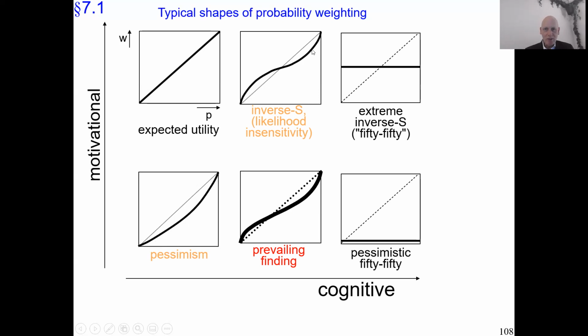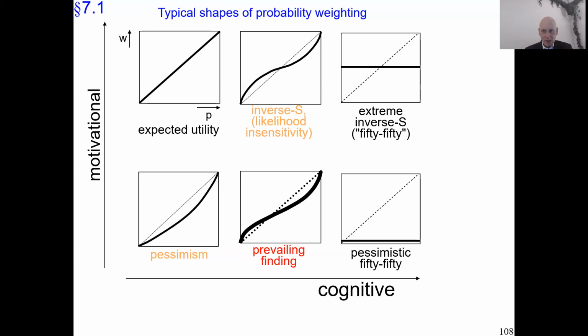Because for these probabilities, the large probabilities, that's the big rank, mean bad ranks, the bad outcomes. There, inverse S and pessimism work together in the same direction and reinforce each other. So you have a lot of pessimism here and a bit of optimism here. That is the prevailing empirical finding.